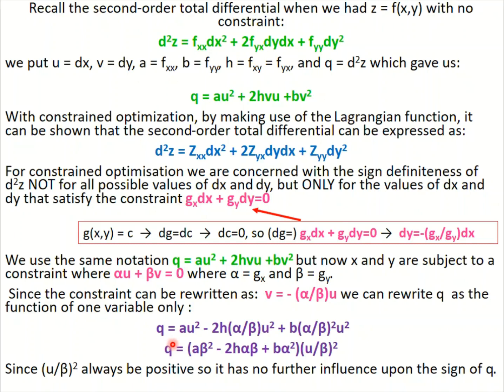So looking now at what we have on the right hand side, we've got u divided by beta, but that's squared, so that's always going to be positive. So ultimately we need to know something about the sign of what we have here in the brackets, because that will tell us what the sign of q is.